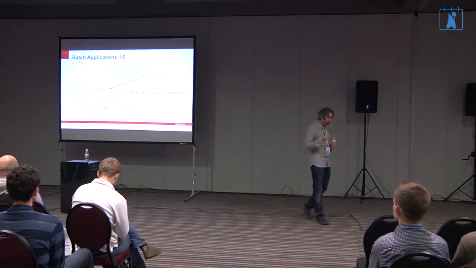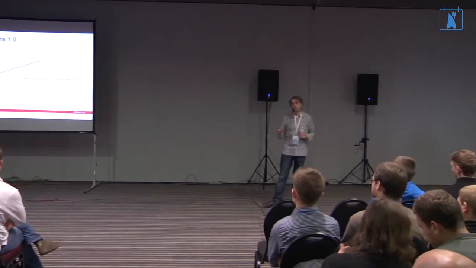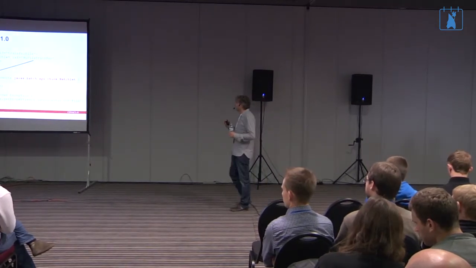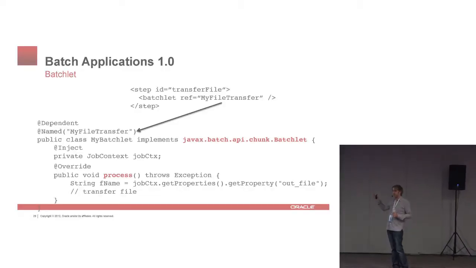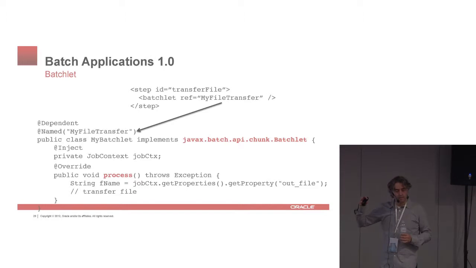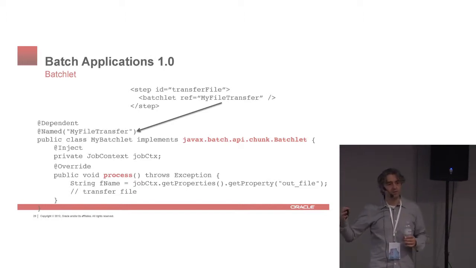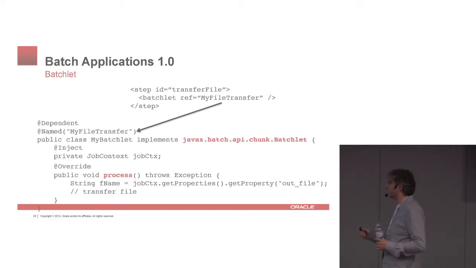So this is basically JSR 352, the batch API. There are a lot of other features. So error handling, for example, or lifecycle. You have interceptors that you can use. So basically, you have hooks where you can intervene anywhere within the job execution, around the steps, around the reader, the writer, the processor, before, after, and so on. So it's really a powerful API.